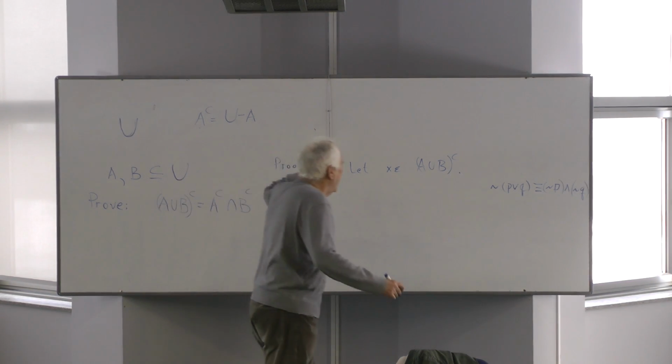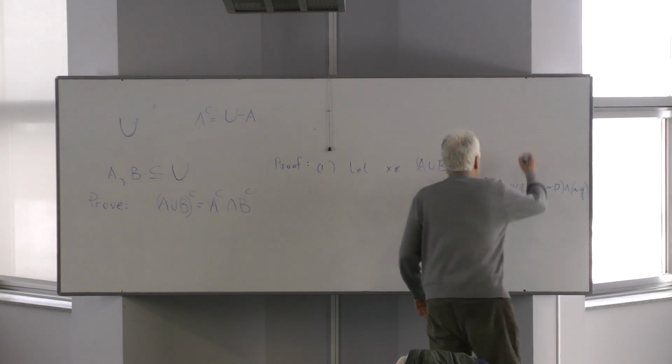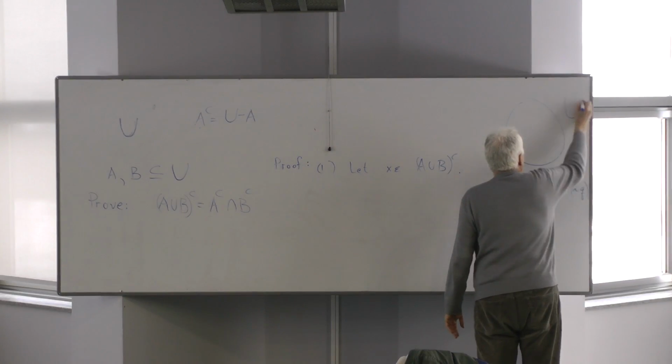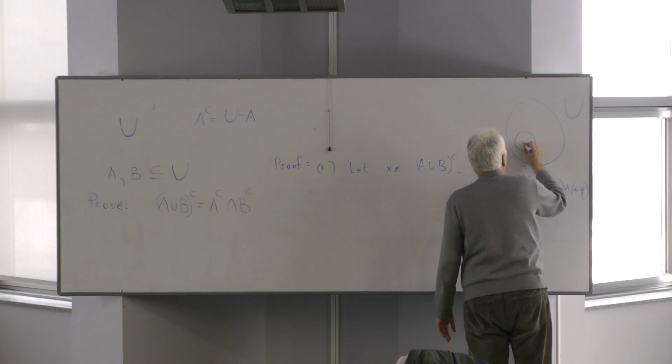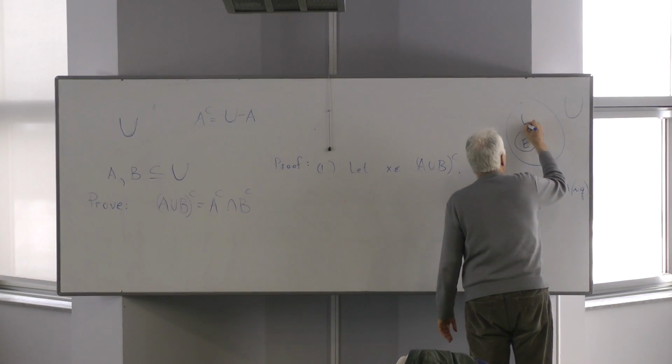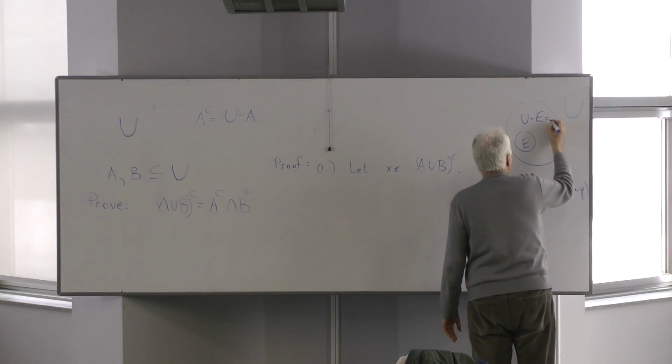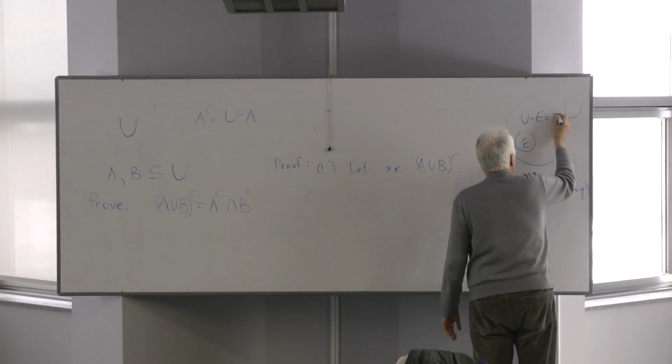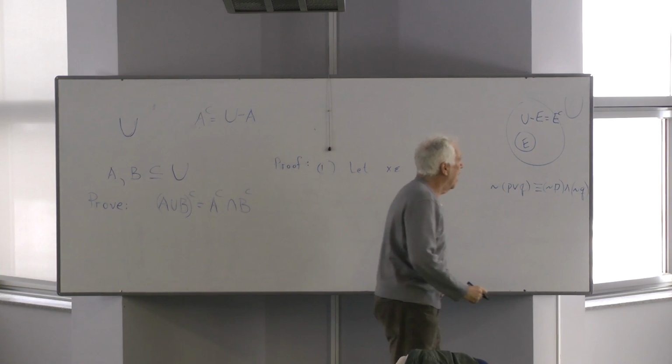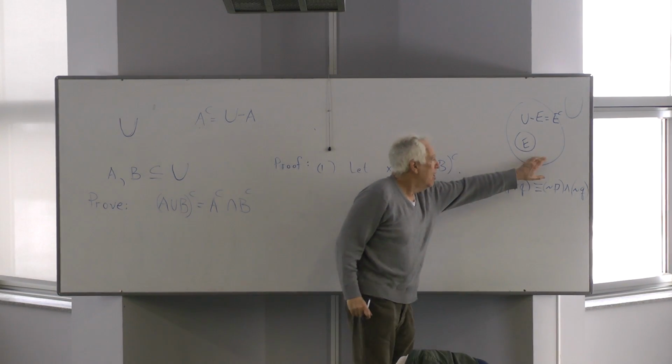Look, draw a picture, Venn diagrams. You have a set U, and you have a set here E. Then this is U minus E, and that is the complement. That's the complement, this part, correct?